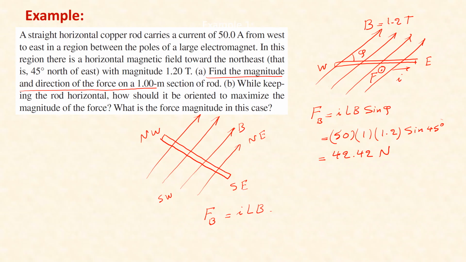ILB, which is 50 times 1 times 1.2 times 1, because now sine of 90 is 1. So it becomes 60 Newton, right? Make sense? Any questions? All right.